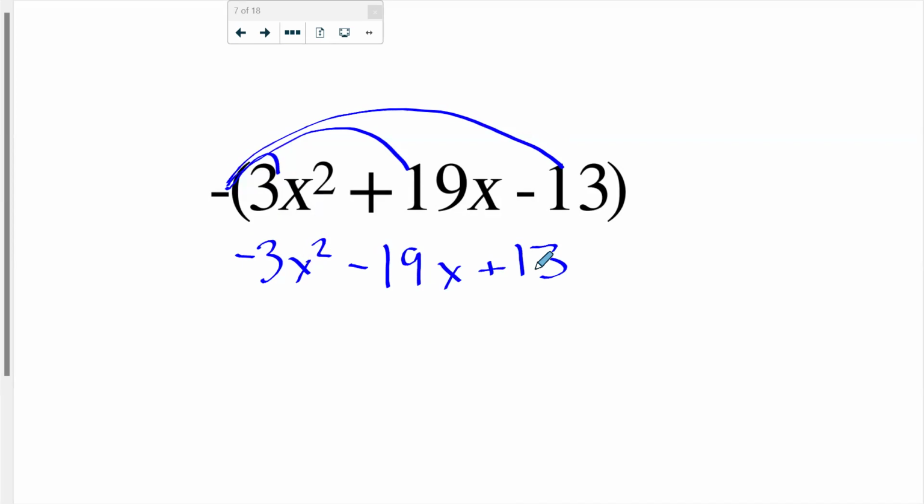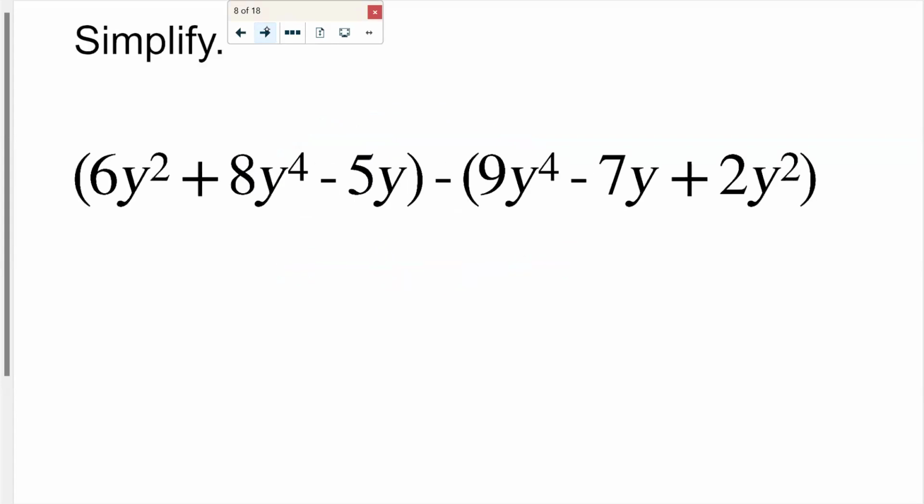Right? So the reason I led into that is what happens if I subtract polynomials? If I take this negative and distribute it here, and here, and here, I'm going to rewrite this.